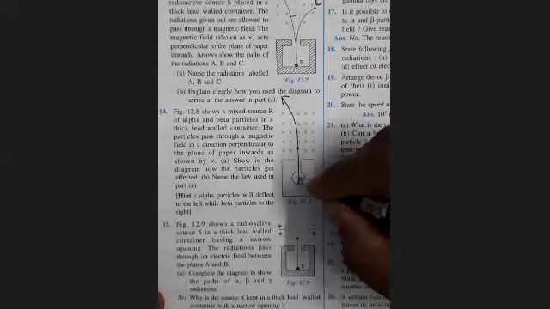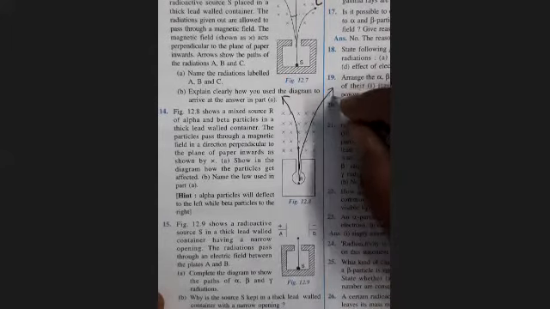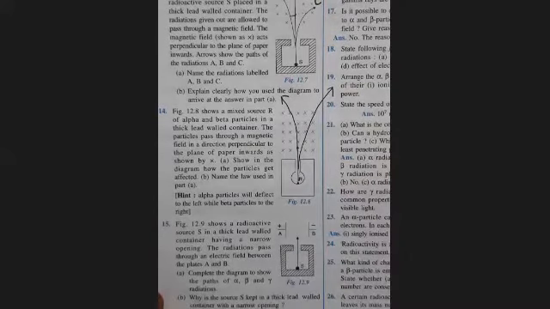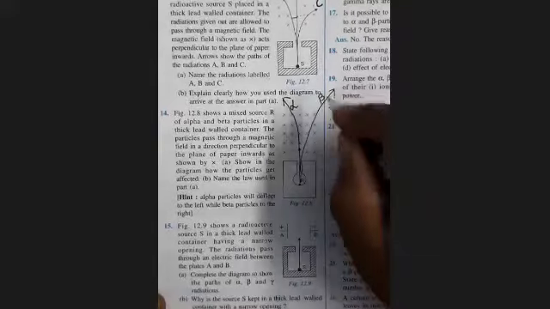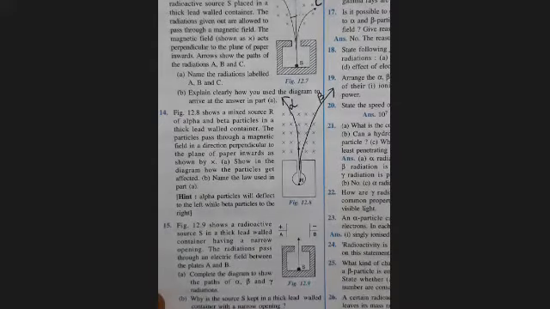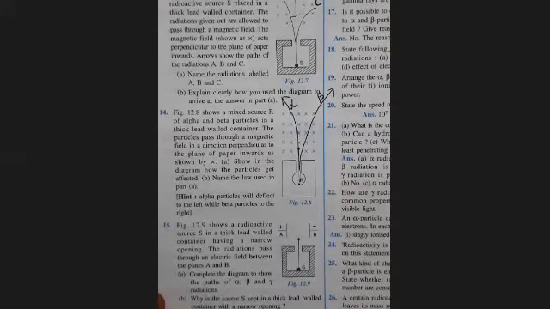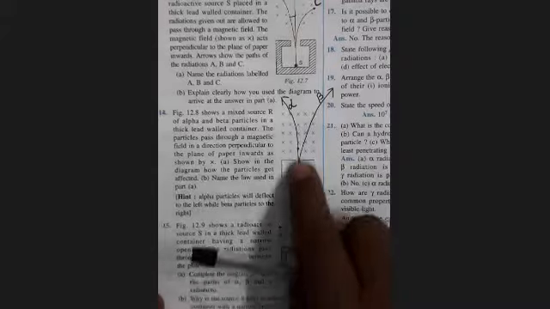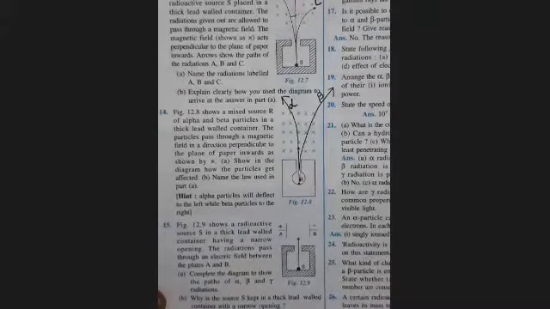But you will show more deviation in the beta particle, and lesser deviation in the alpha particle. Here, no need to show gamma because it is not given in the question.